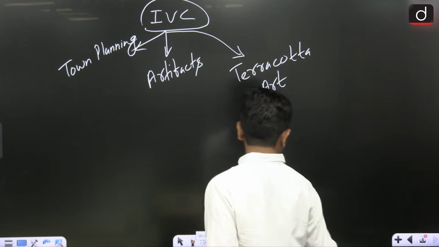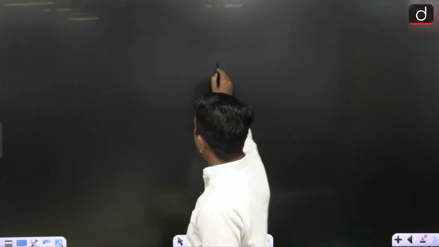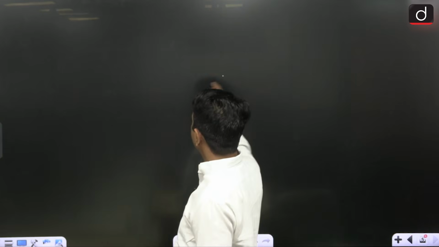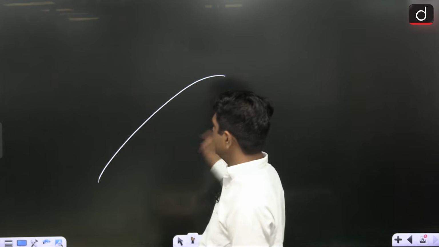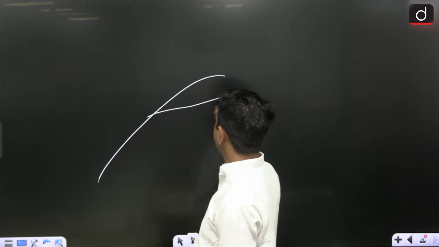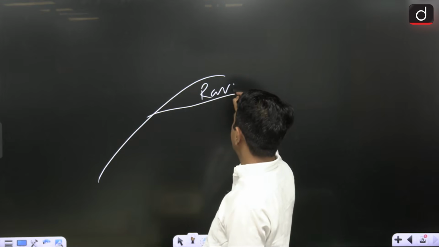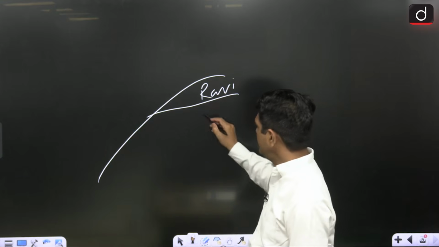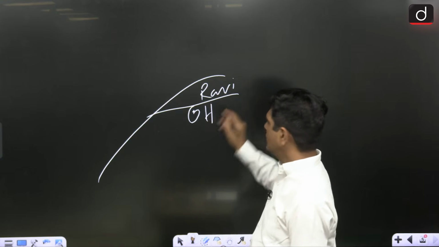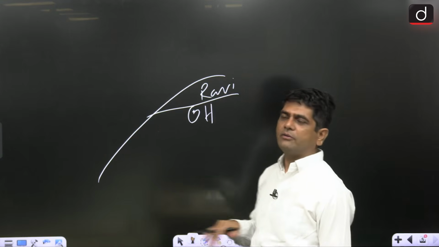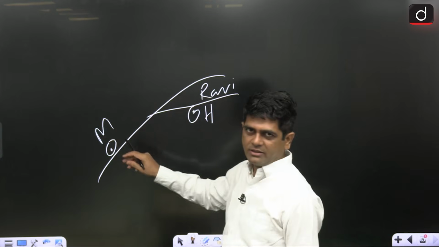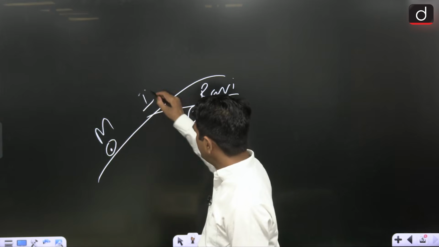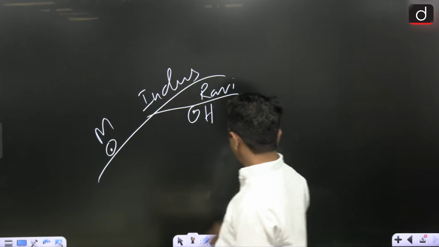Firstly, most of the urban areas of the Harappan civilization were located near a river. For example, Harappa was located on the left bank of the river Ravi. Mohenjo-daro was located on the right bank of river Indus.